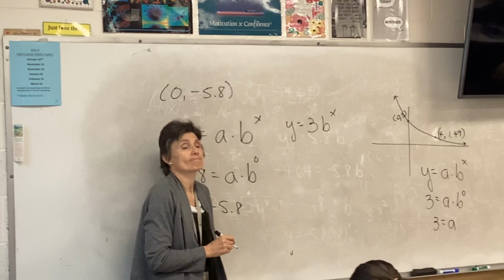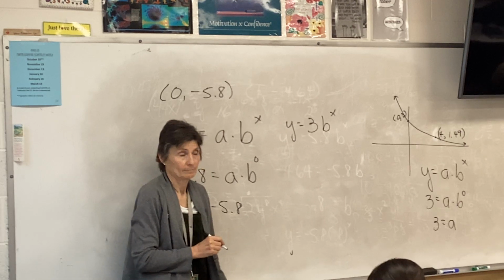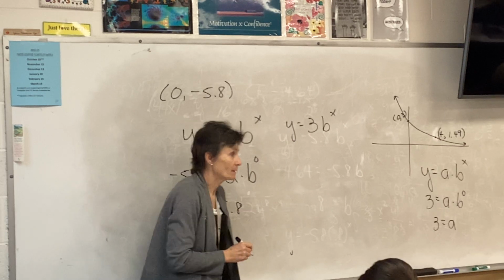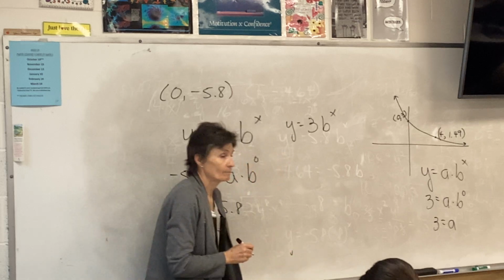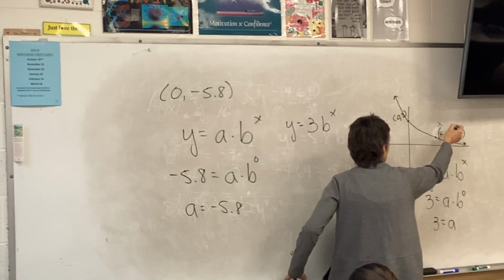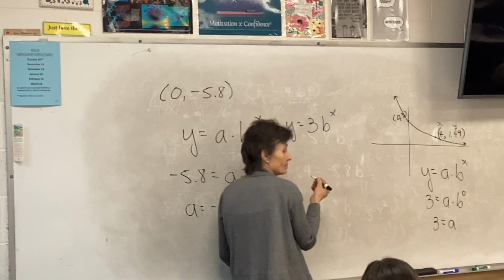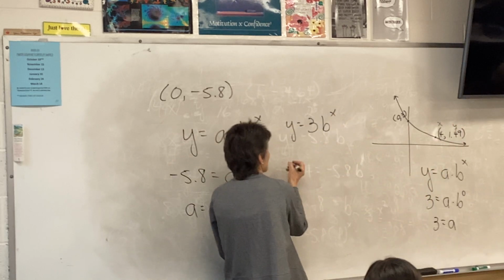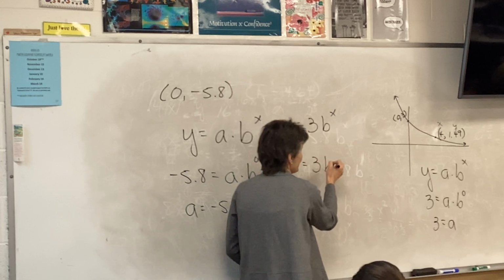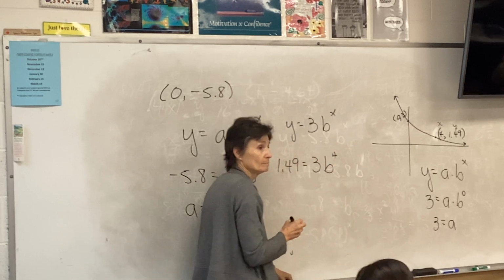Okay. Now what? Plug in the other point. This is an x and a y, right? So 1.49 equals 3b to the 4th?